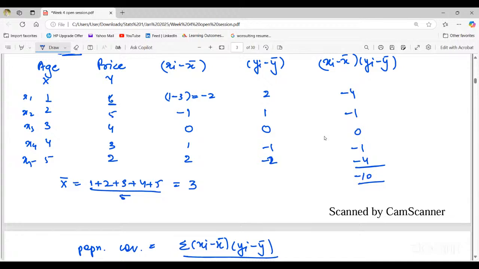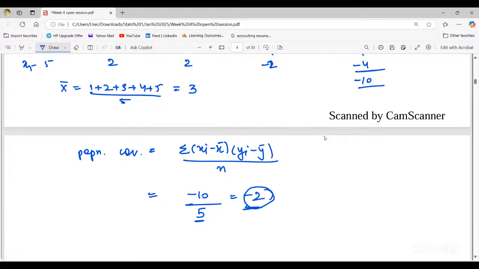It's going in the opposite direction. So that way we can observe the direction of the linear association between two variables. For that we calculate the covariance. Understood? Yes, ma'am.